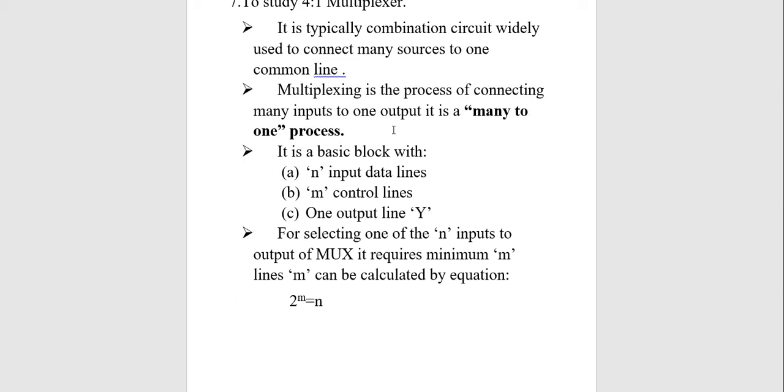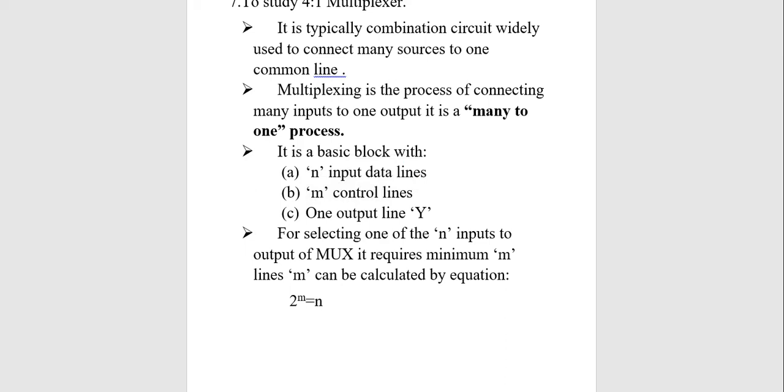The multiplexer block consists of n input data lines, m control lines and one output line. So depending upon your number of inputs, there will be n input lines, and depending upon that you will have m control lines and one output line.